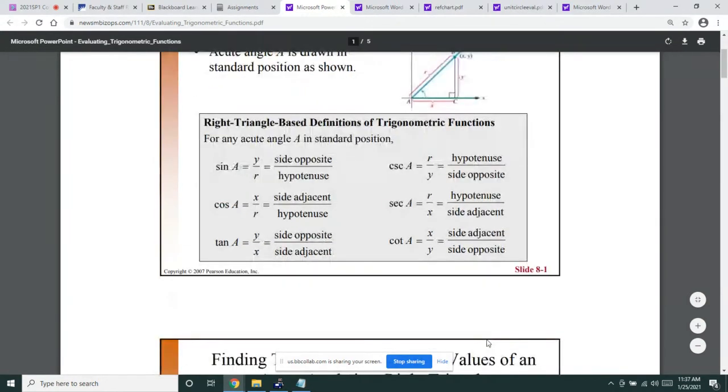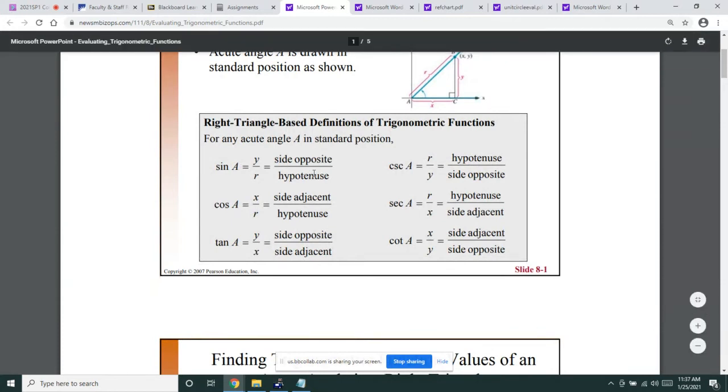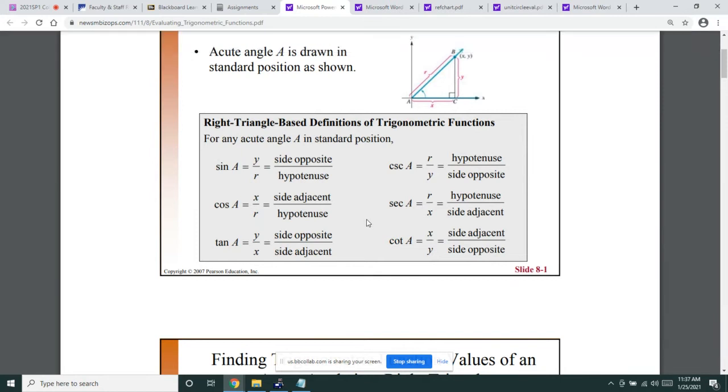Now, there's a saying we use, and you're going to hear me say this quite often, to memorize these sets of formulas. It's called Chief Sakatoa. So here's what that alludes to.